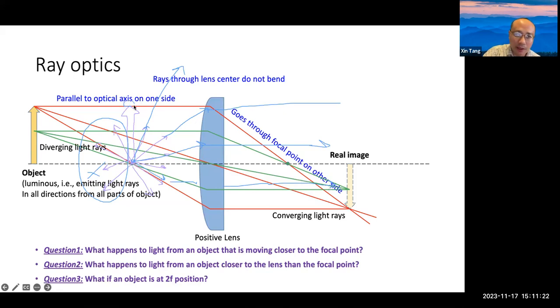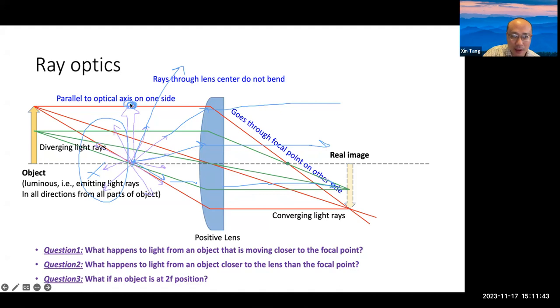And what about the point here? This point is still at the focal point. What about here? For the light coming from this point, you can follow the three paths. Let me draw in another color, the purple color.